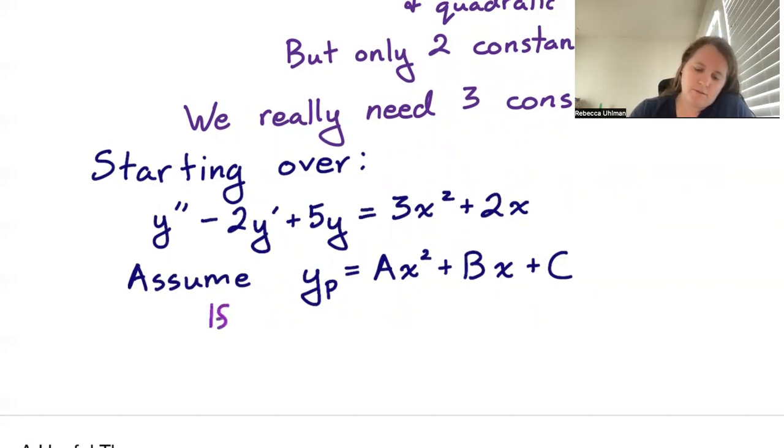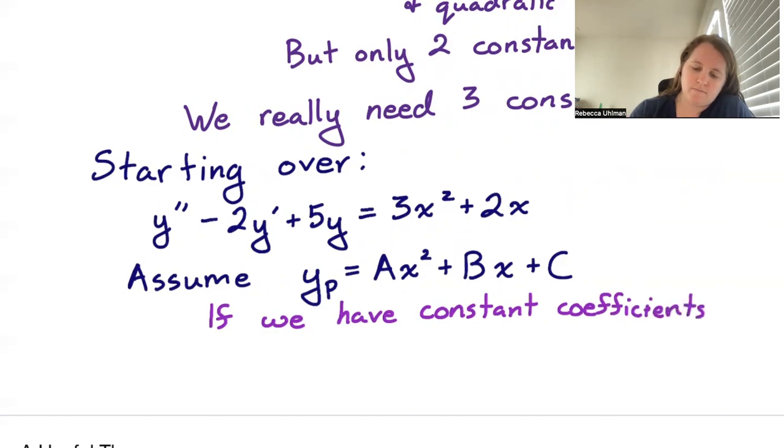We don't have that x squared and x to force our terms to continue being x squared.